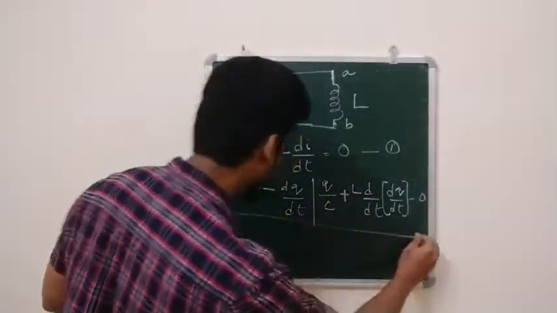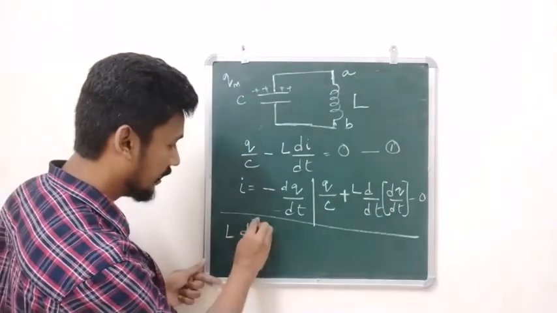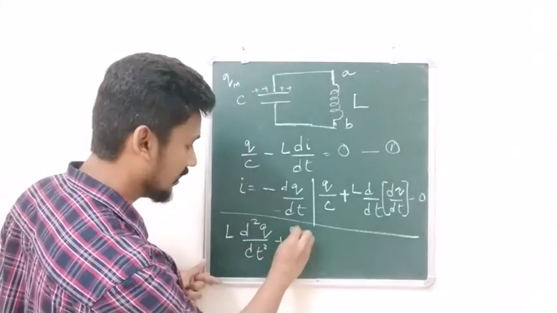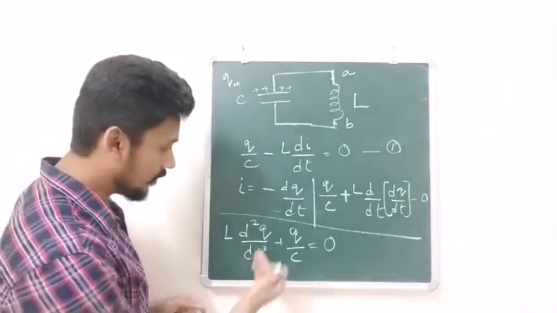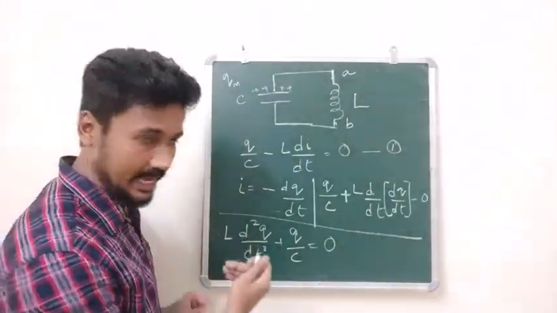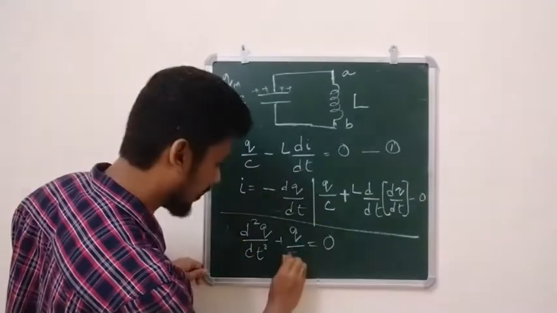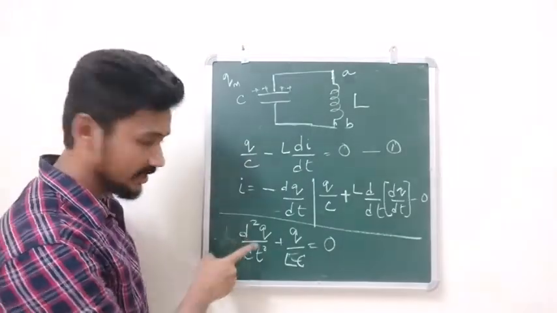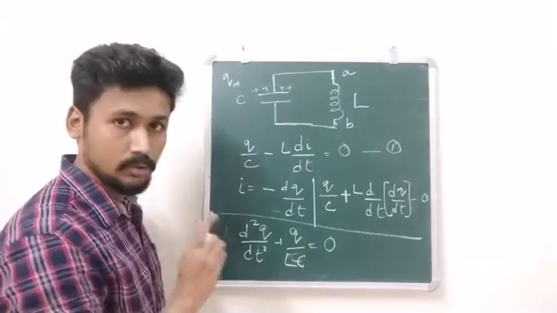So we get the relation, and we are going to rearrange it: L d²q/dt² plus q/C equal to 0. Now let us divide the entire relation by L. This L gets cancelled, and here we get LC. So we get the relation d²q/dt² plus q/LC equal to 0.